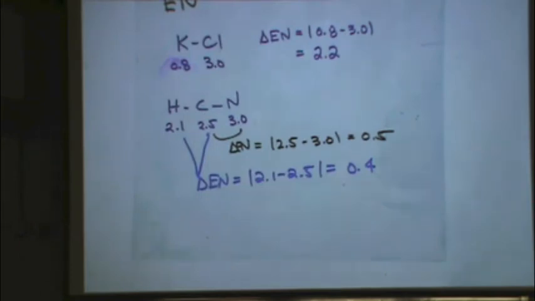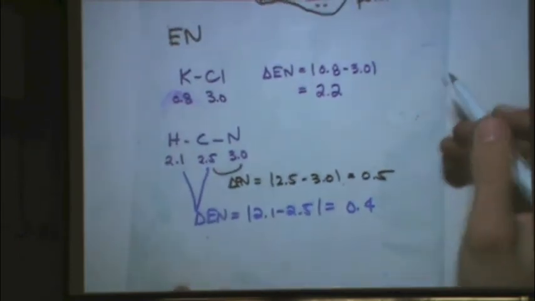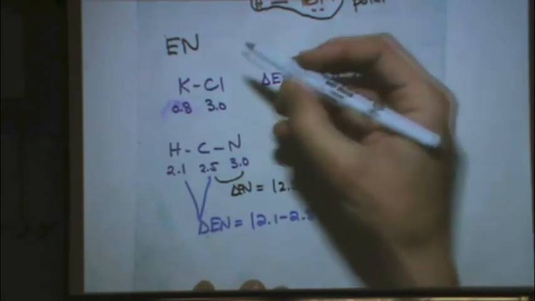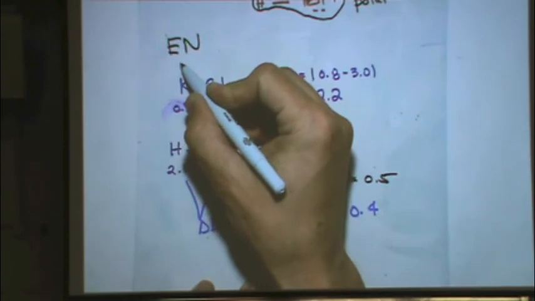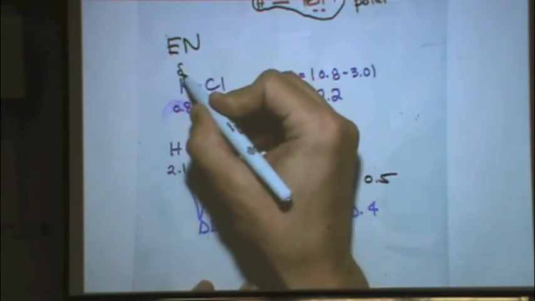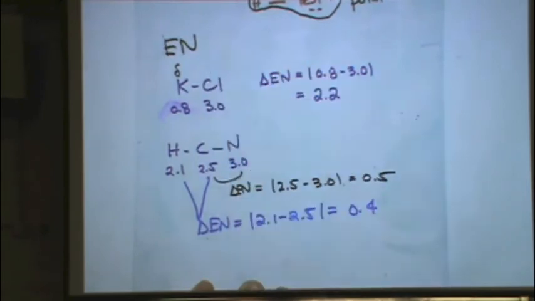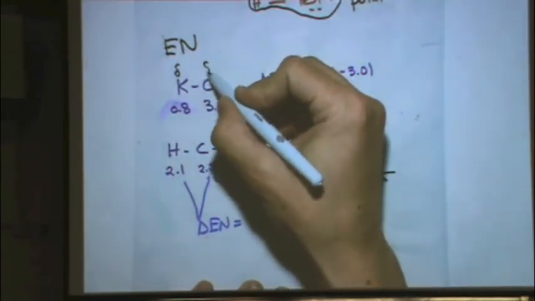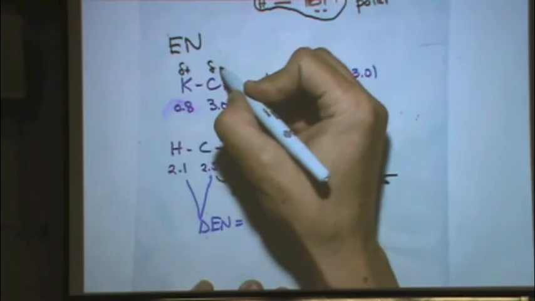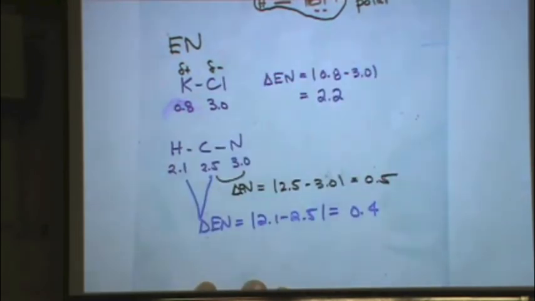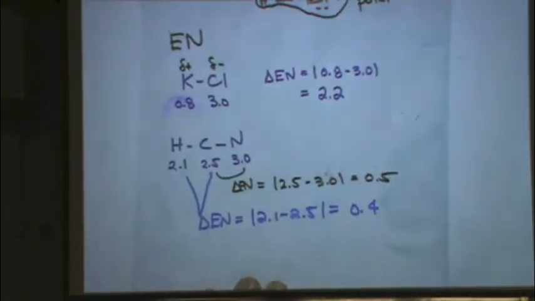Sometimes, and just to go back up to the first example, we'll have you use little symbols, and Greek people will probably like this. What's this letter here? That's a delta, a lowercase delta. This is positive, that's negative, meaning the chlorine is more electronegative than the potassium.